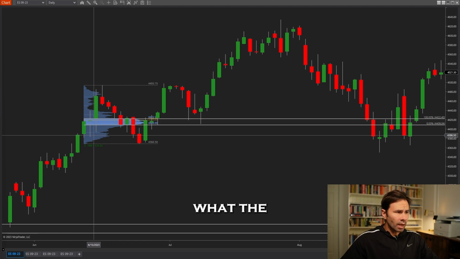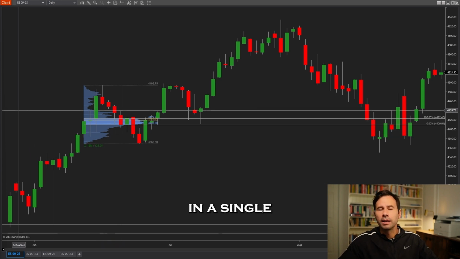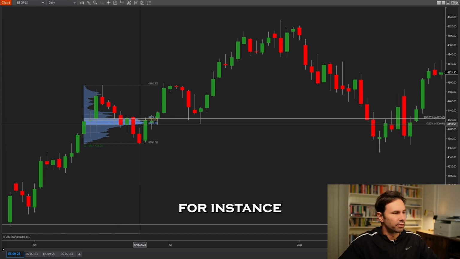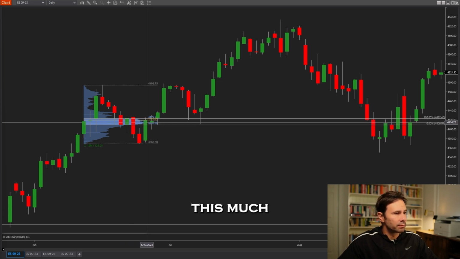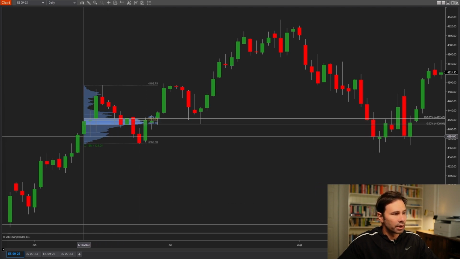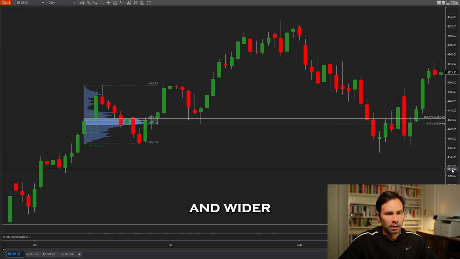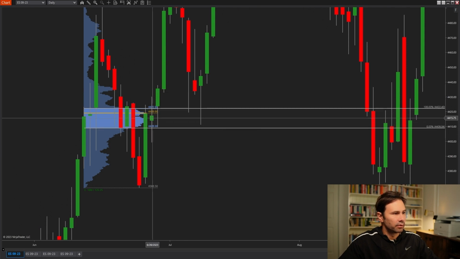So, the horizontal volume is the amount of contracts that were traded at a single price. For instance, in this 44.13.25, you have this many contracts being traded. Whereas if you go back down here, you see this is like a smaller bar. Let me widen this. See that?